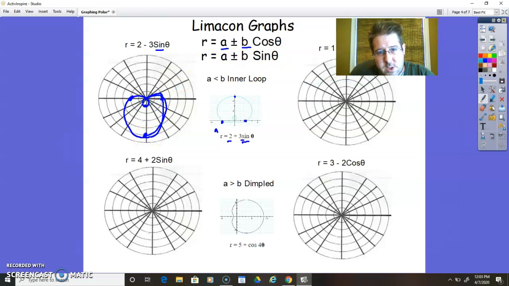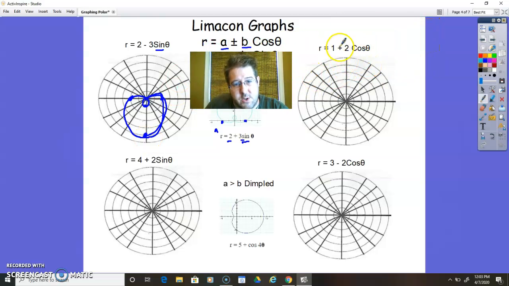That works. So 1 plus 2 times cosine. So it's plus, which means it's going to be facing up. Actually, it's not facing up because it's cosine. It's actually facing to the right. So I know the inner loop is going right. And I know there's an inner loop because 1 is less than 2. So it has a loop of 1 because that is 1 less than 2. If you add them together, you get 3. 1, 2, 3. So you know the maximum value is 3 to the right.